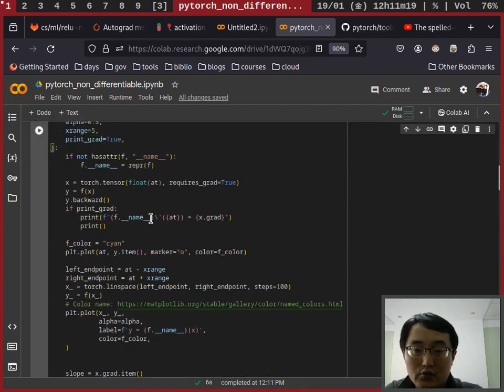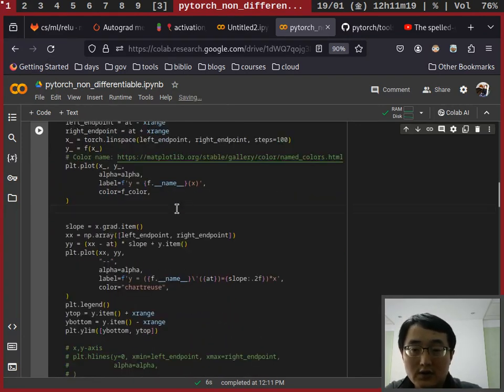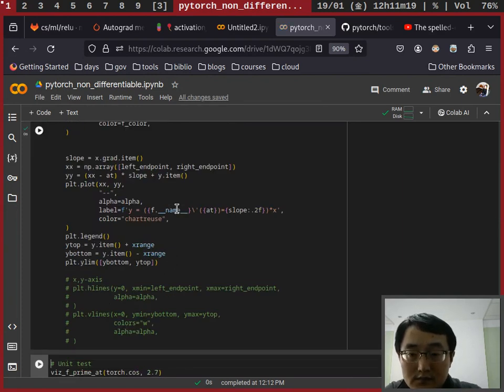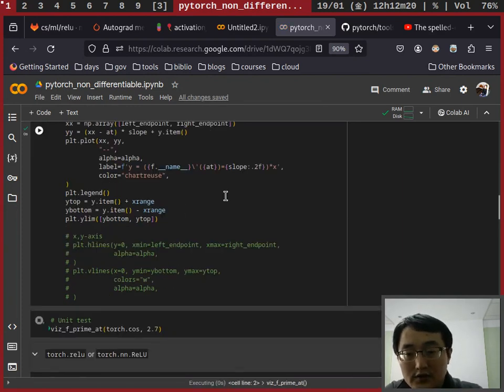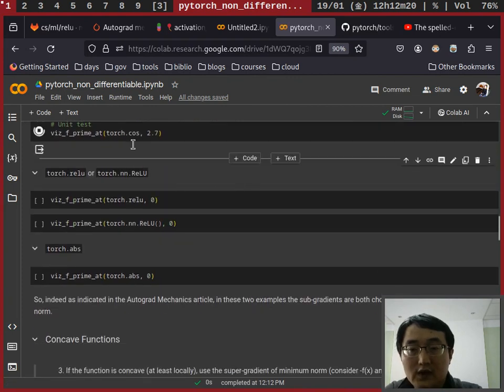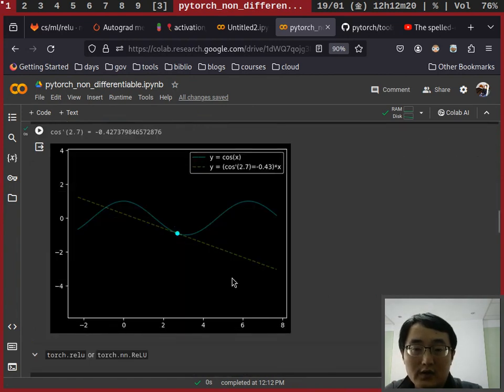It will plot the function around the point of differentiation, and also plot the tangent at the point whose derivative is given by PyTorch. So let's run this. For example, if we give it cosine at 2.7, it will plot like this.